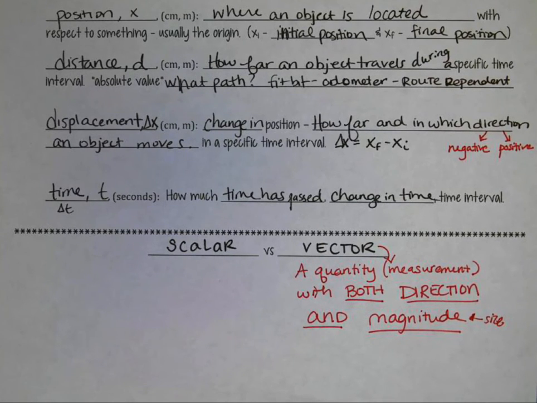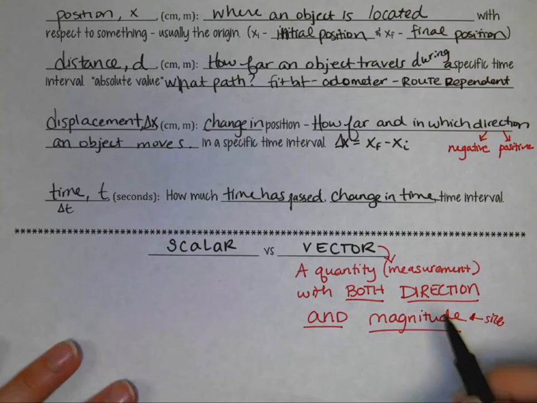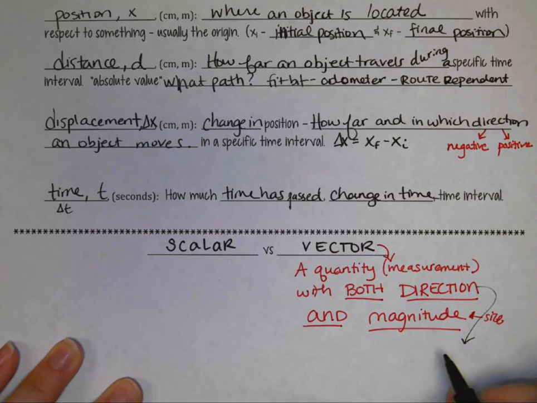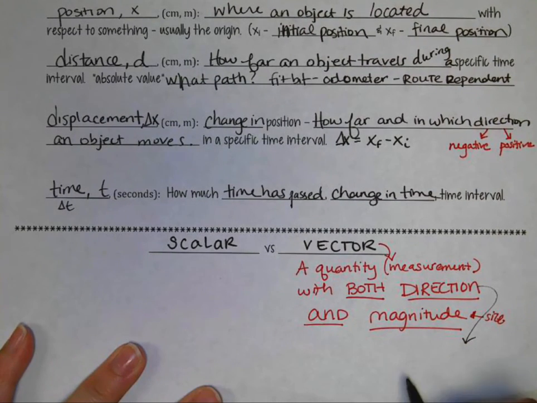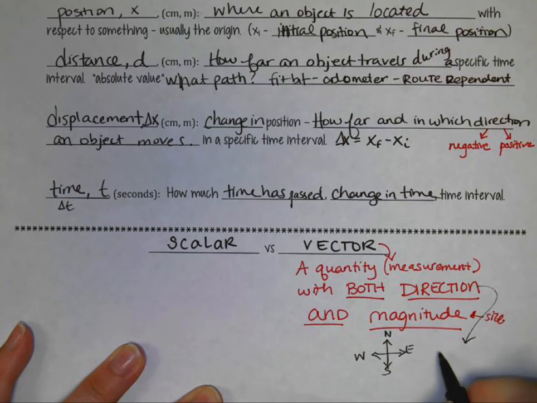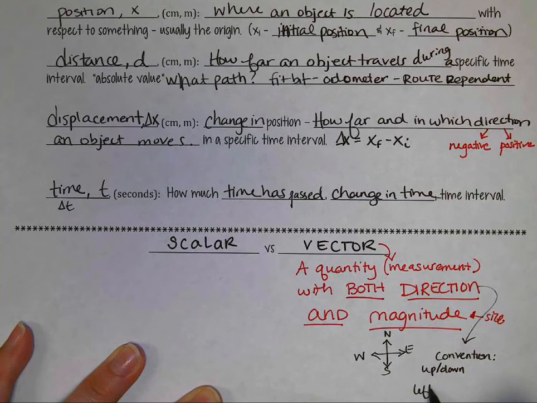Direction is, again, specifically talking about which way. So you can think of your cardinal directions, north, east, south, west, or our convention that we will be using will be that up, down, or left, right.